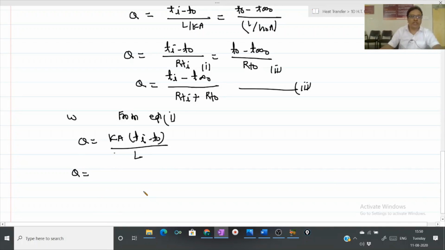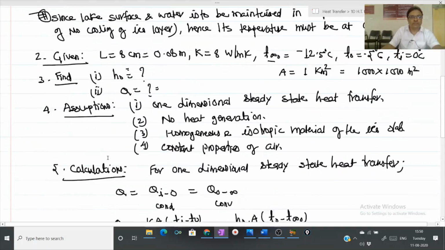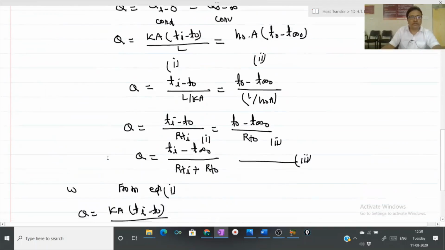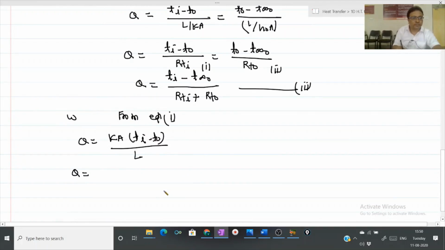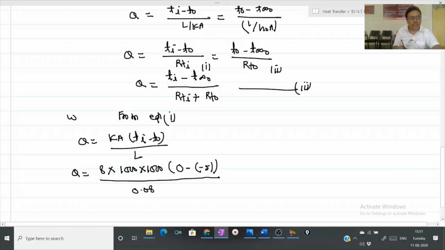The value of k is given as 8. Area is given as 1 square kilometer, that is 1000 into 1000. Ti is given as 0 and To is given as minus 5. And value of L is 8 centimeter, that is 0.08.